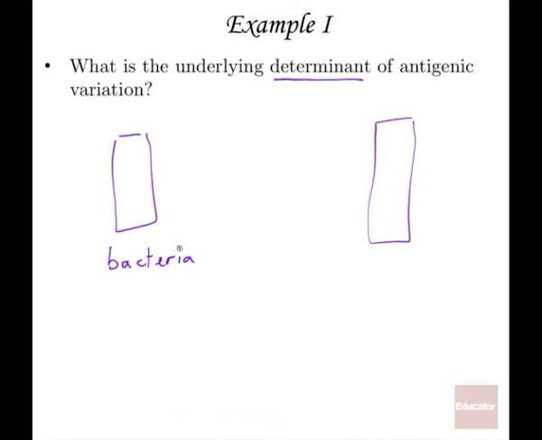Now we know, for instance, that bacteria recombine into new strains. So what part of the bacteria engages in recombination? Well, guess what? It's the DNA. Okay. So in terms of the bacteria and the human host, they can actually co-evolve together.